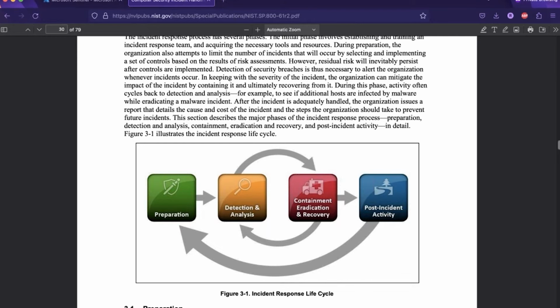Now, when we are looking at this first phase, the preparation phase, it is making the system ready, starting with creating the plans. First of all, in the planning, we need to have incident response policies, and we need to have procedures. If I'm talking about the incident response policies, what is the organization's expectation and procedure for responding to any security incident?